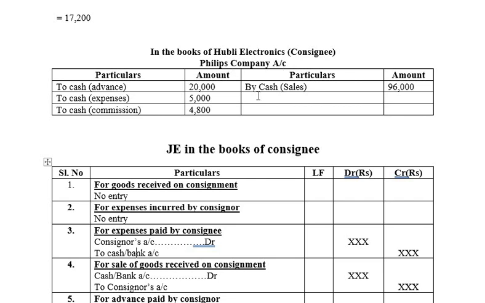So consignor's account will be credited by cash in the bracket sales, which is 96,000. Just refer to the above accounts we have prepared, you will understand it.